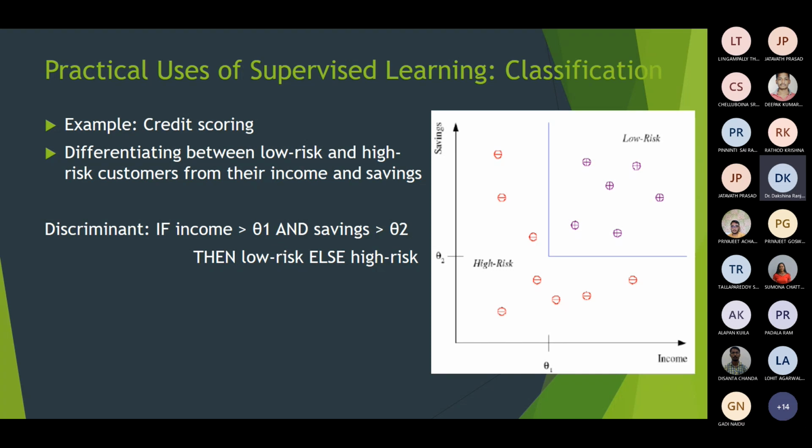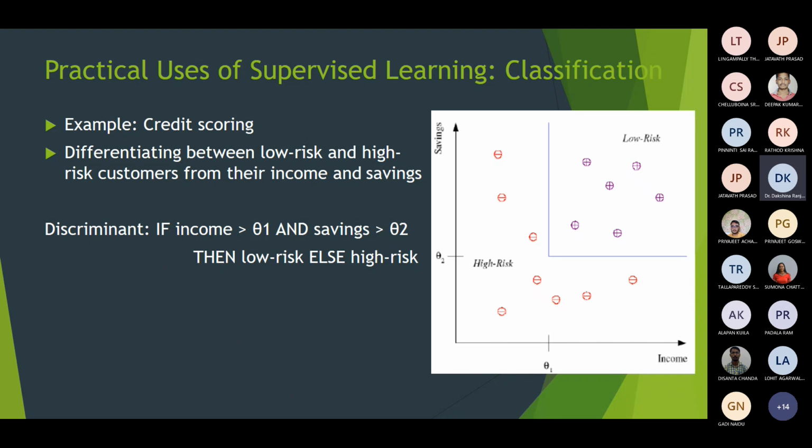Now here you can see a graph where the x-axis represents income and the y-axis represents savings. There are two thresholds for income and savings, theta 1 and theta 2.